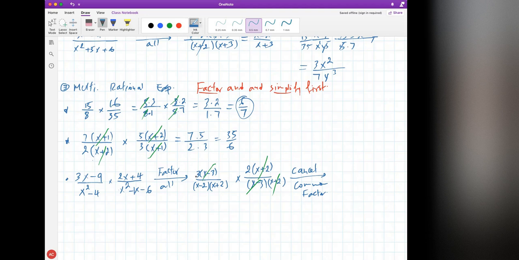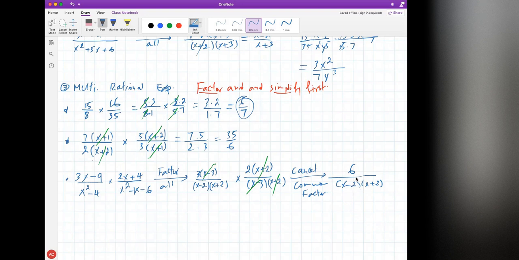Now what's left is 3 multiply 2 over x minus 2, x plus 2. Which is basically, this is 6. So that's pretty much the product of these two. And you don't actually even have to multiply, just leave everything factored like this.